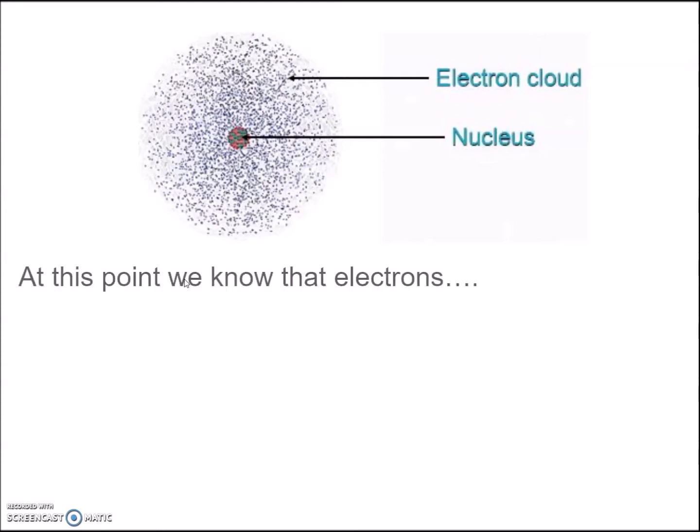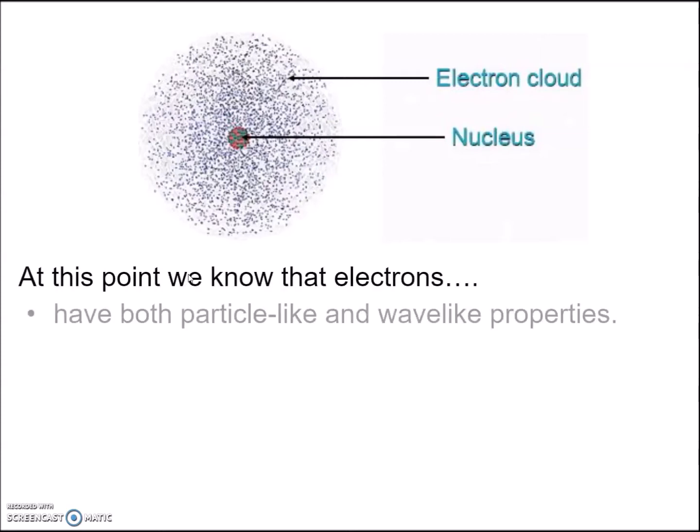Rather, we know that electrons, like light, have both particle-like and wave-like properties, which is why the Bohr model diagram wasn't entirely wrong, and the quantum mechanical model, which incorporated the wave-like properties of electrons in describing them, was an enhancement, really, of the Bohr model. It didn't replace it, it just enhanced it.